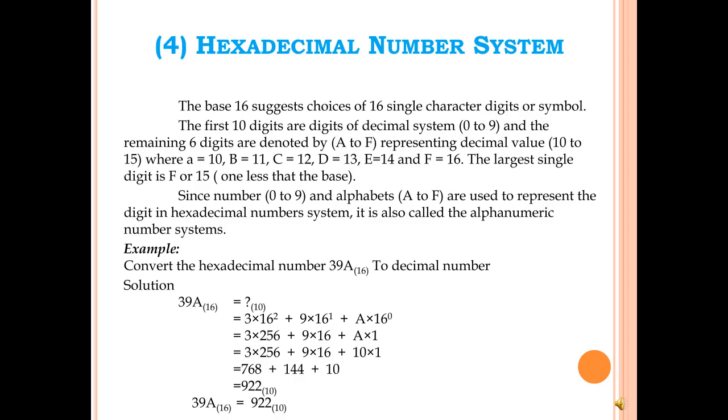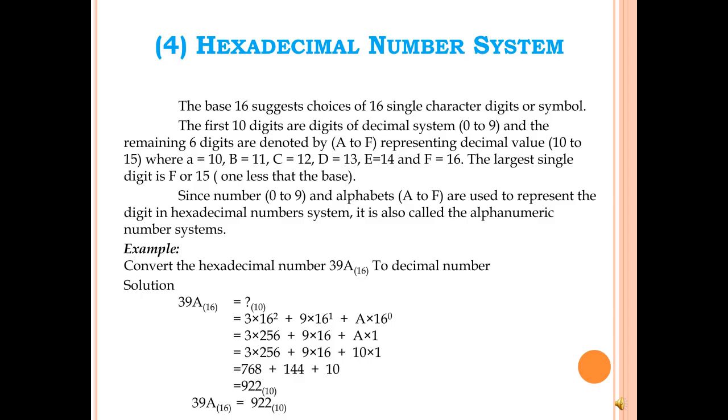Now, since the numbers 0 to 9 and alphabets A to F are used to represent the digits in the hexadecimal number system, it is also called the alphanumeric number system. Let's see an example. Convert the hexadecimal number 39A base 16 to a decimal number.